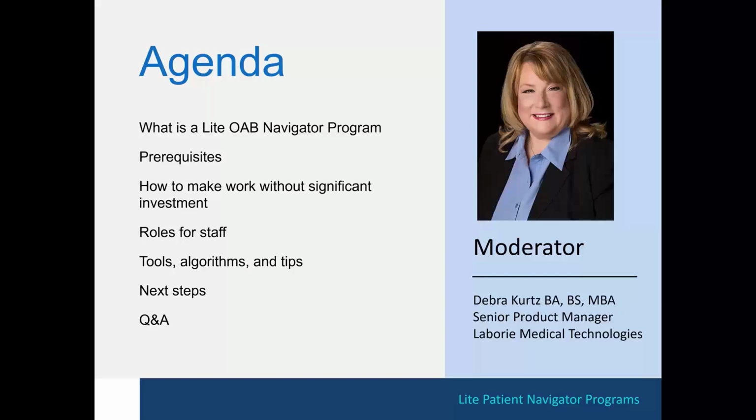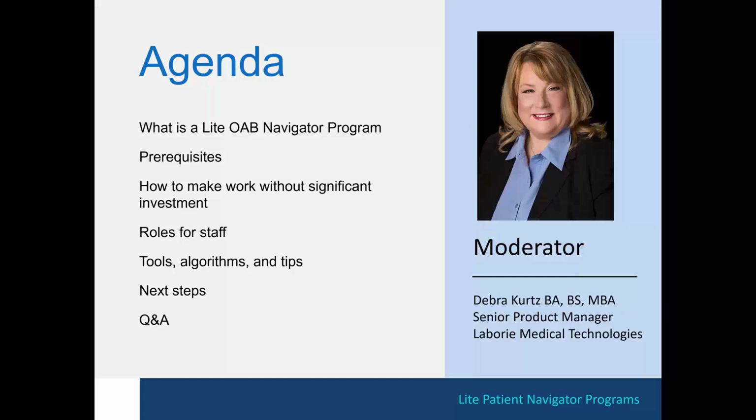So what we'll cover today is defining a Lite Navigator program, which is a scaled down version of the full Navigator programs that no doubt everyone is familiar with. We're going to talk about how you can do this with the staff that you have without needing to hire additional staff, and how instead we can divvy up the workload across your staff members. We're also going to talk about what you need to have in place to get this started.